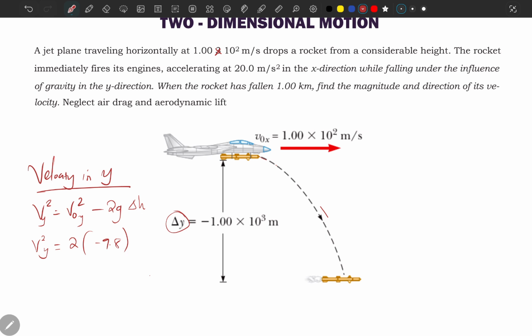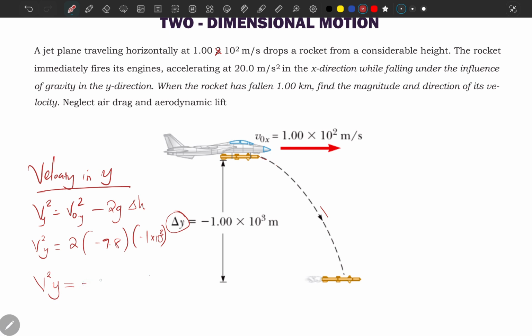And now the change in height is also negative 1 times 10 to the power 3 meters, like that. Okay, let's just punch everything in the calculator.